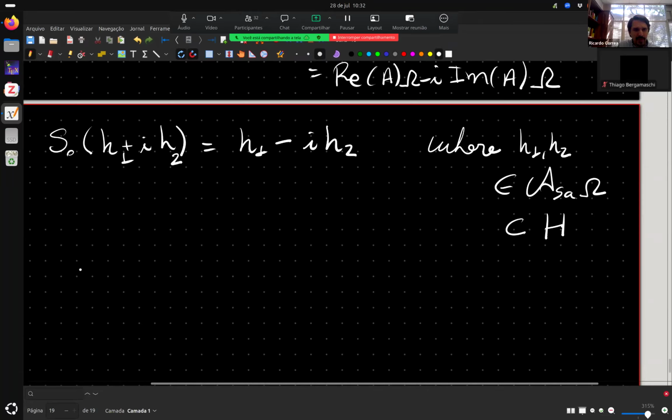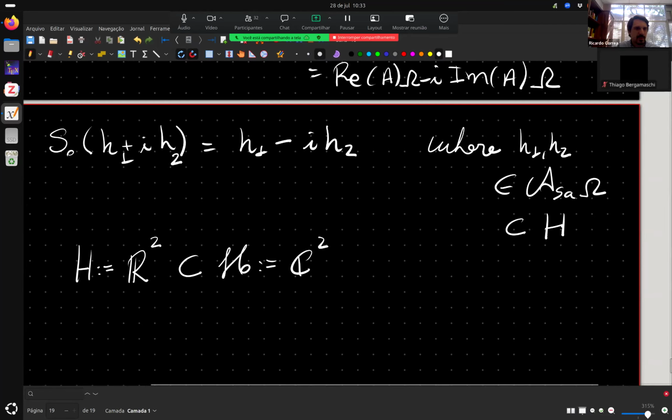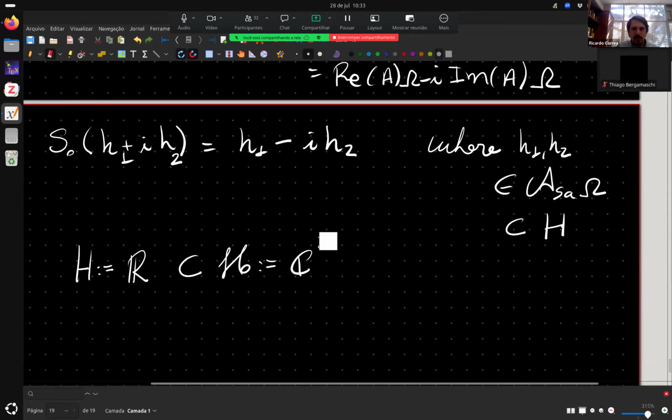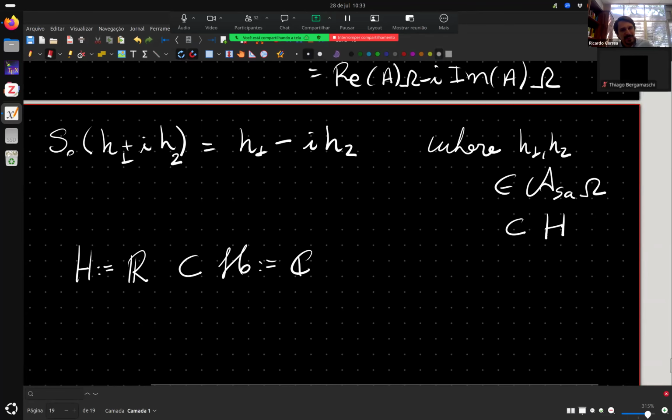So one particular example is if I take my standard subspace to be, for example, R2, contained in my Hilbert space, which I would take to be C2. So that's one example of a standard subspace, namely a closed real subspace of C2, which is cyclic and separating. Originally I was thinking about this one, but the other one is also true.